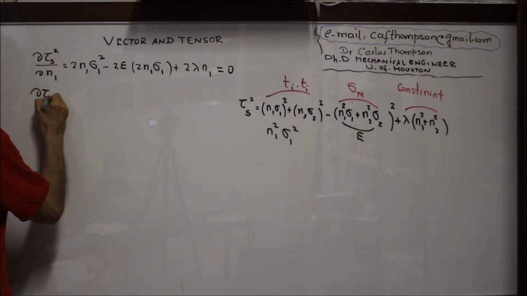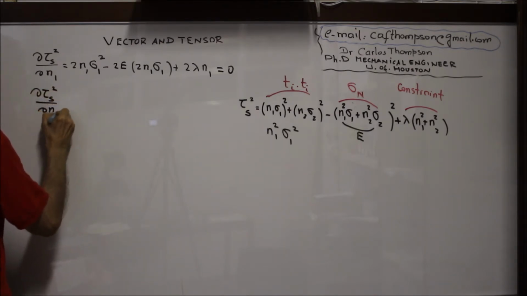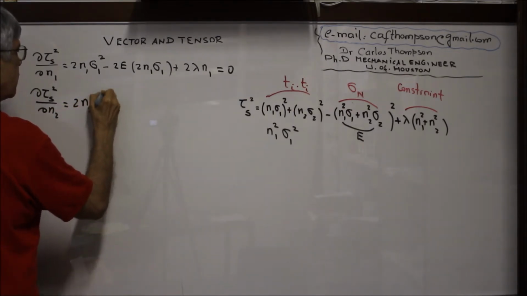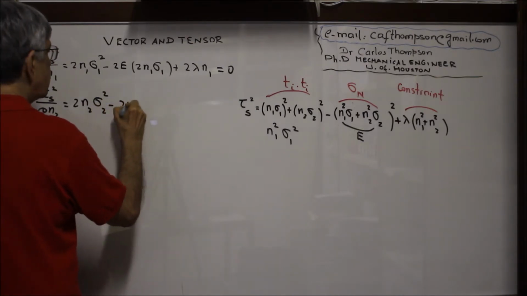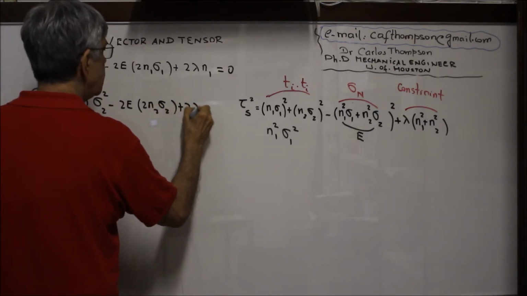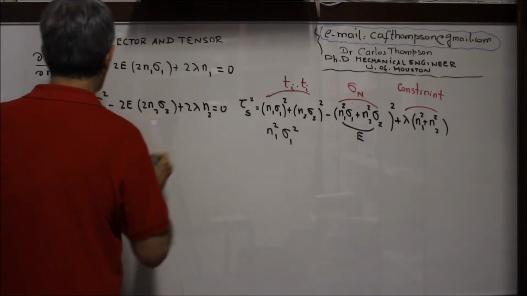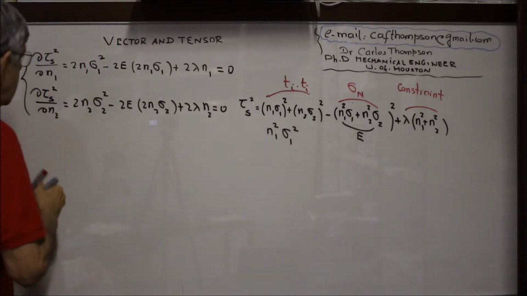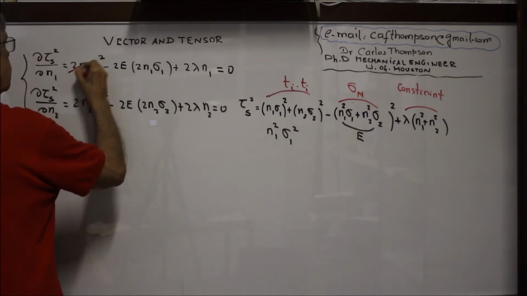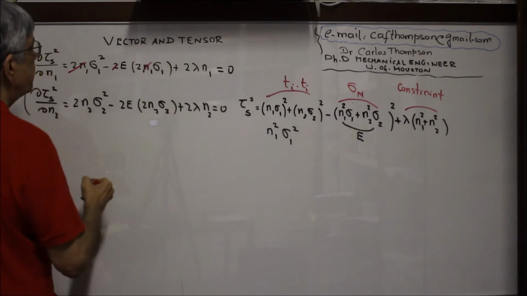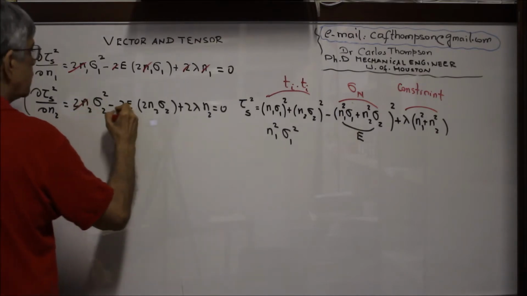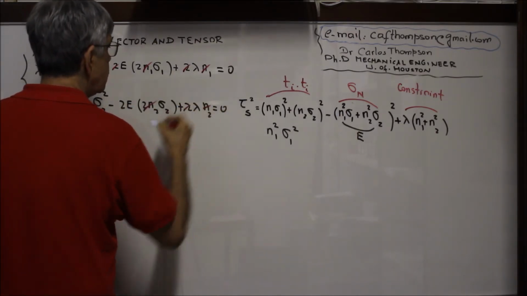Now the partial derivative with respect to n2 will be analogous to that. So this will be 2 n2 sigma 2 square minus 2e n2 sigma 2 plus 2 lambda n2 equal 0. Now, let's divide by 2 n1 and 2 n2.